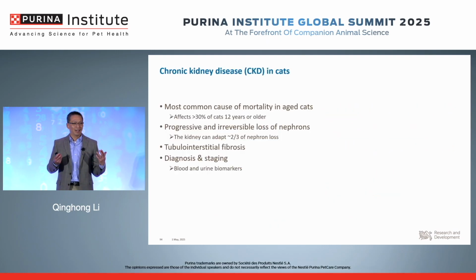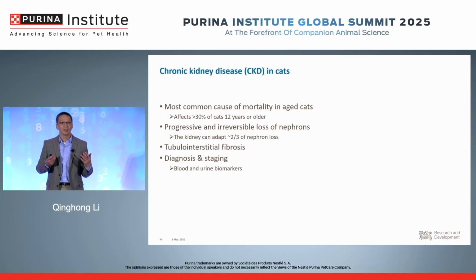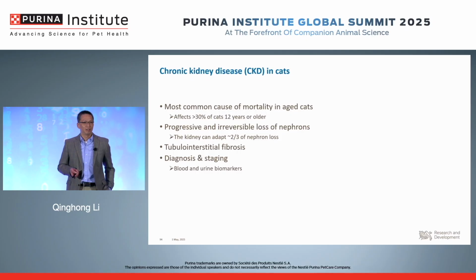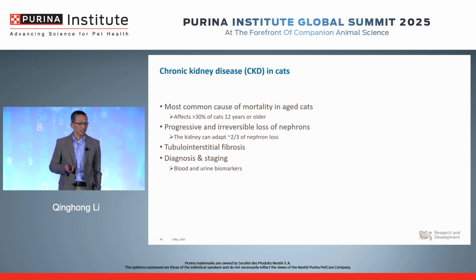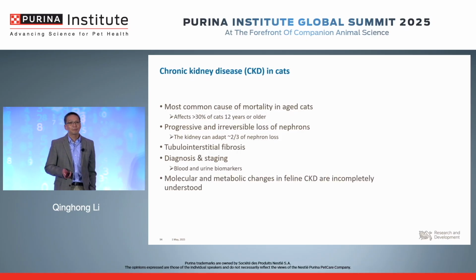Over the many decades, many researchers have made advances toward understanding chronic kidney disease in cats. Despite the progress, the molecular mechanism underlying this disease is still incompletely understood.